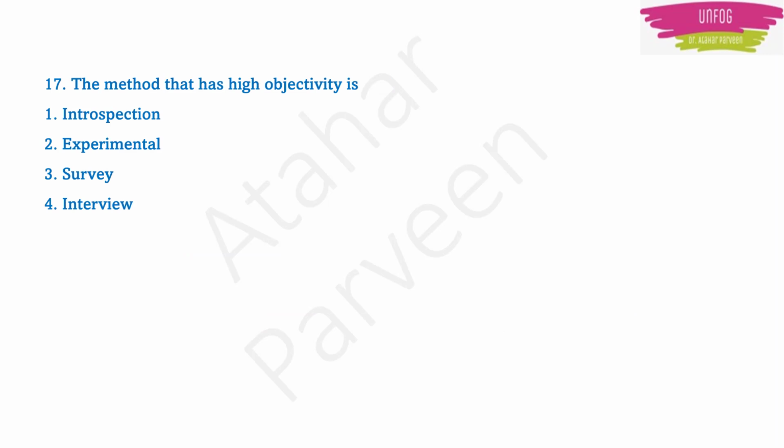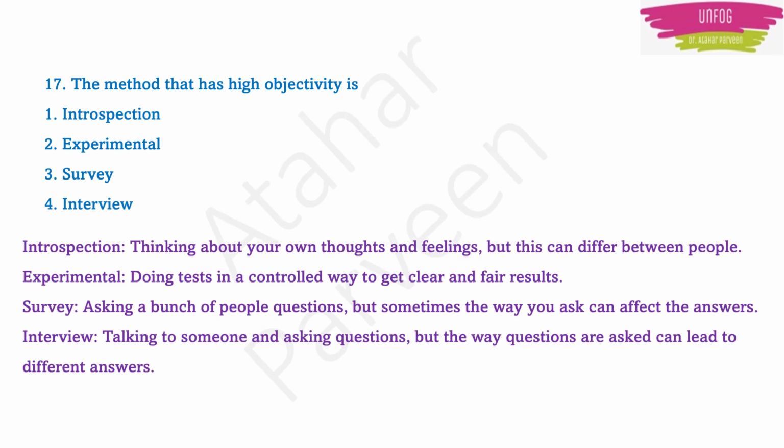Next question. The method that has high objectivity is introspection, experimental, survey, or interview. So what are these four methods actually? See, introspection means thinking about our own thoughts and feelings, but it can differ between two people. Correct? Experimental means doing some tests in a controlled manner and getting clear and fair results.